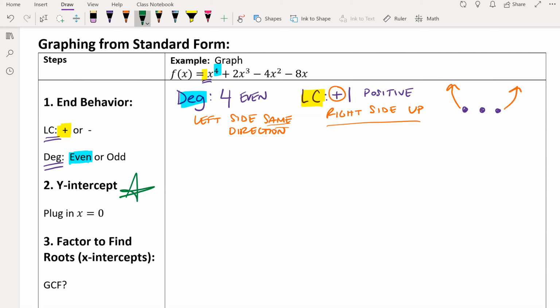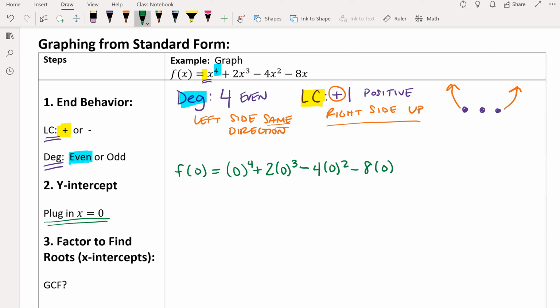Okay, cool. Now that we know what our ends look like, we can jump to the next step, which is to find the y-intercept. Anytime you're trying to find a y-intercept, you should plug in x equals 0. So we're going to go ahead and do that. We are going to find f of 0. F of 0 equals, and we're just going to plug in 0 for all of our x's. So we have 0 to the fourth plus 2 times 0 cubed minus 4 times 0 squared minus 8 times 0.